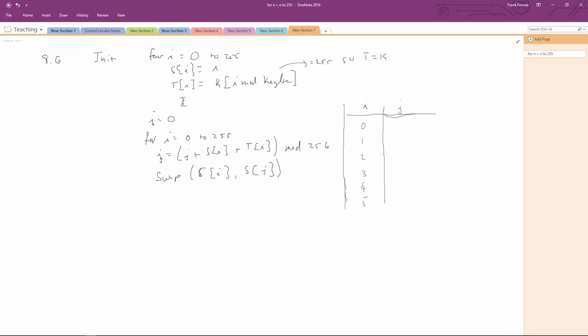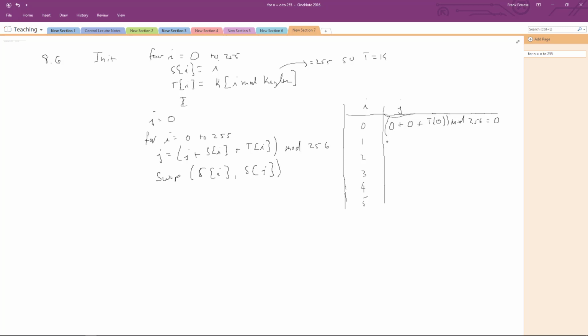So when we come into this first one, i is 0, j is 0. So j equals 0 plus S sub i. Well, what is in S0? That's going to be 0. 0 plus 0 plus T0, all of this mod 256, and we need this to equal 0. So we can say right from the get-go that T0 is going to have to equal 0.